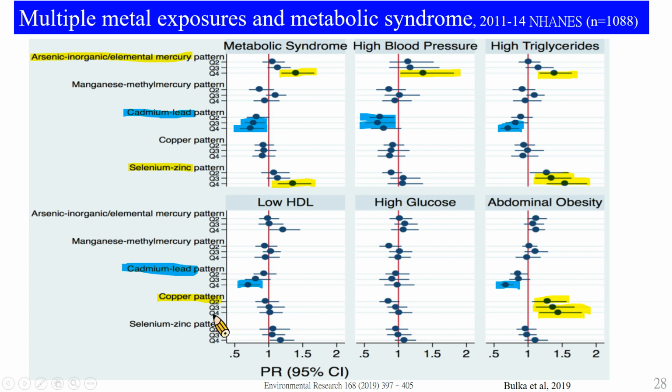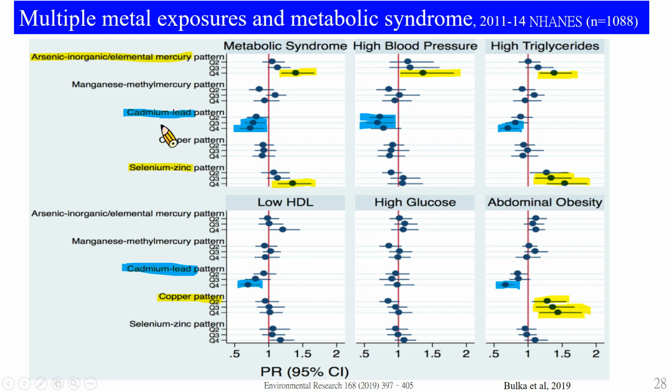Same for the copper pattern. If an individual has the highest level of blood copper, then again they have an increased risk of abdominal obesity compared to individuals with the lowest copper level.